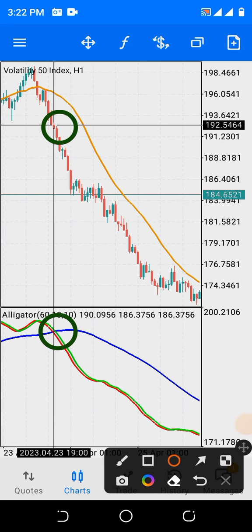So you make your sell entry at this point, and this is huge profit. Now your stop loss should be just above the moving average. Do you understand? All right, as you can see, this is a huge profit. So we proceed.